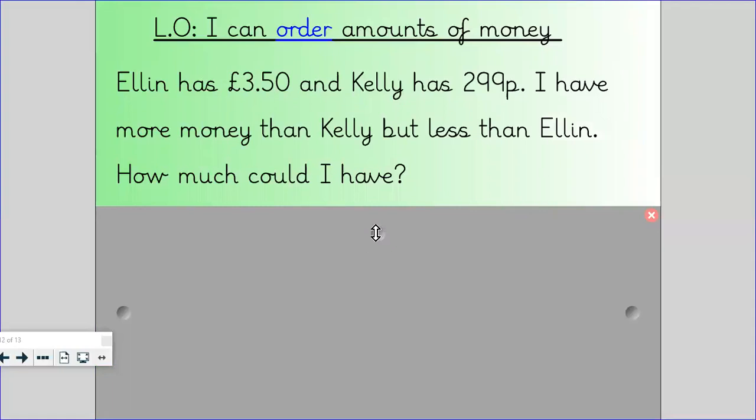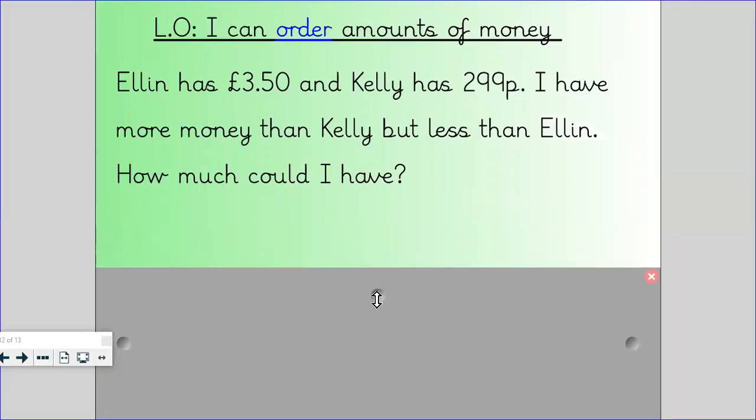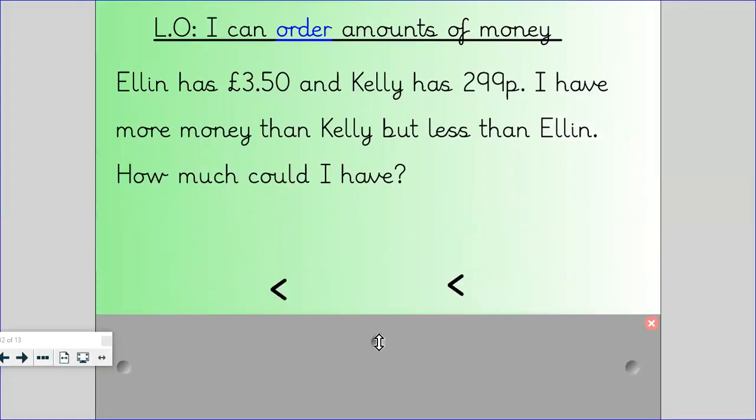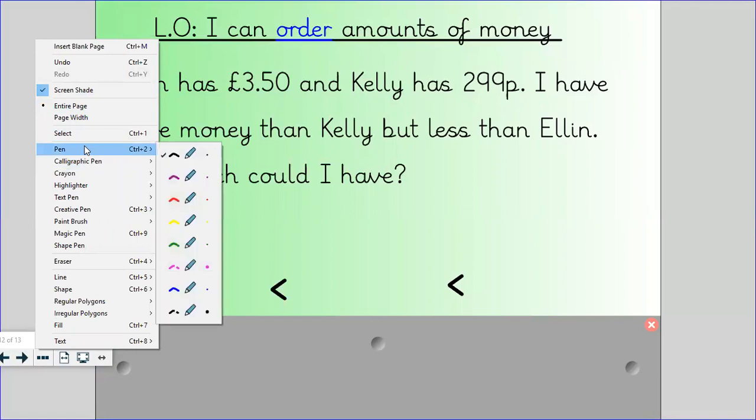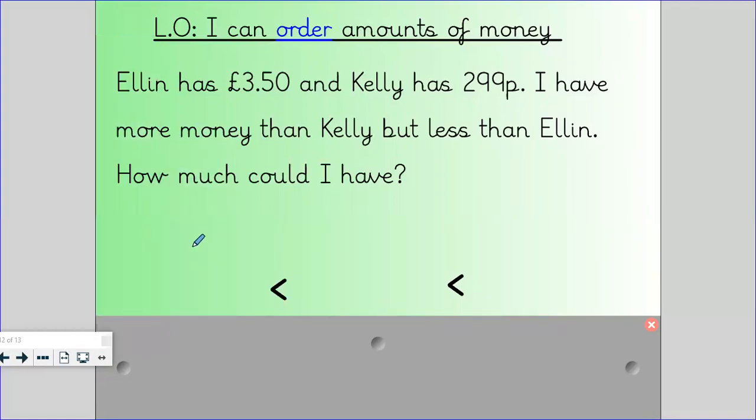Okay, so really think about this question. So we know that I have more money than Kelly, who has 299 pence, or if we were to convert that into pounds, we know that that is £2 and 99 pence.